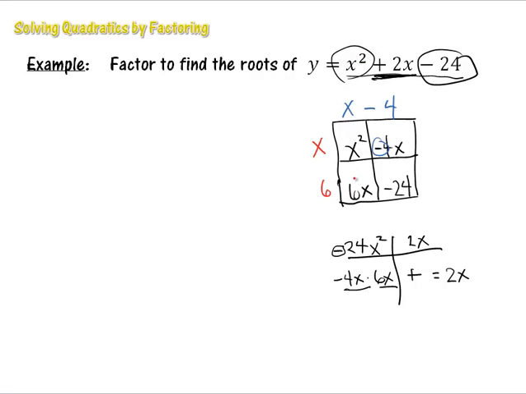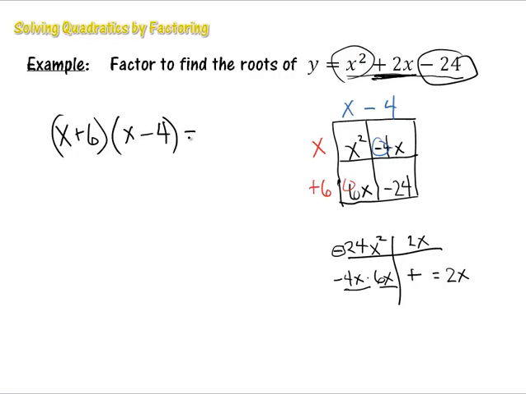Alright, now I'm going to double check, and since this 6 is positive, I'm going to make it plus 6. I'm going to go x times x gives me x squared. x times negative 4 gives me negative 4x. 6 times x gives me 6x. And 6 times negative 4 gives me negative 24. So I've got my two factors now. x plus 6 and x minus 4.